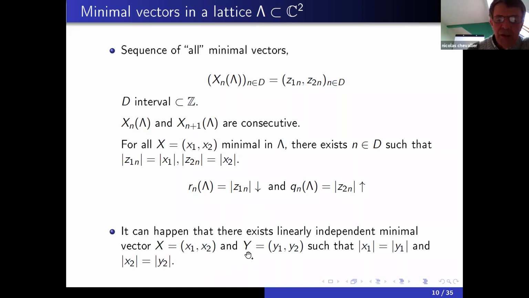It can happen that you have two linearly independent minimal vectors in a lattice such that the modulus of the coordinates are equal. So in fact, when you look at the sequence of all minimal vectors, you can skip some minimal vectors, but what is important in minimal vectors are not exactly the minimal vectors themselves, but more the modulus of their coordinates.